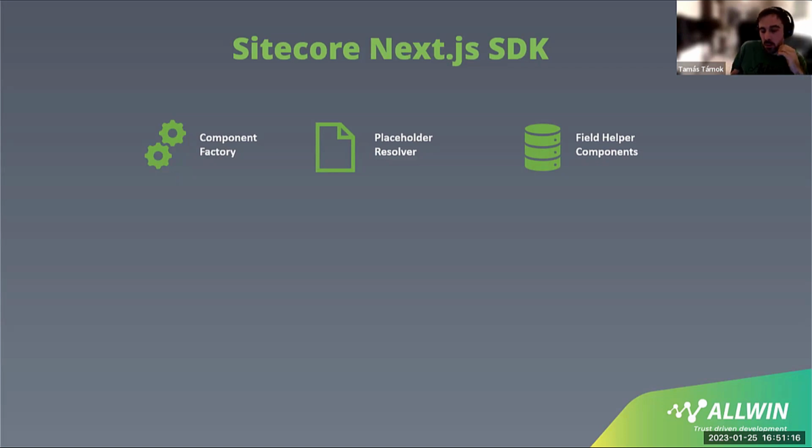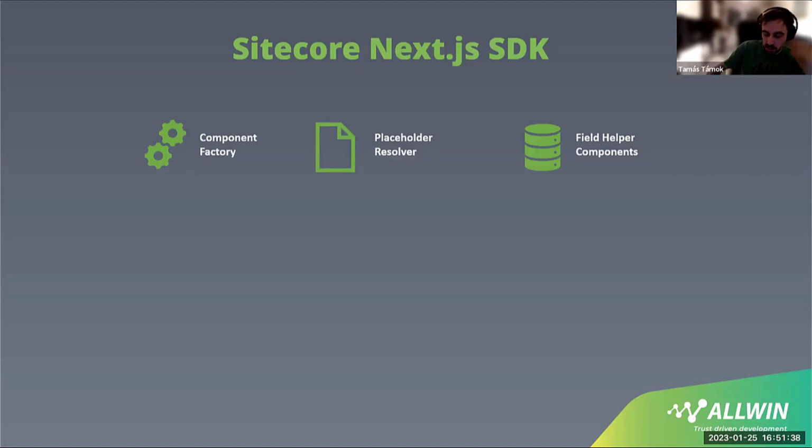And we also have field helper components. These are actually helping to accelerate development by giving you, for example, a text field and an image field, which automatically render all the attributes coming from Sitecore.